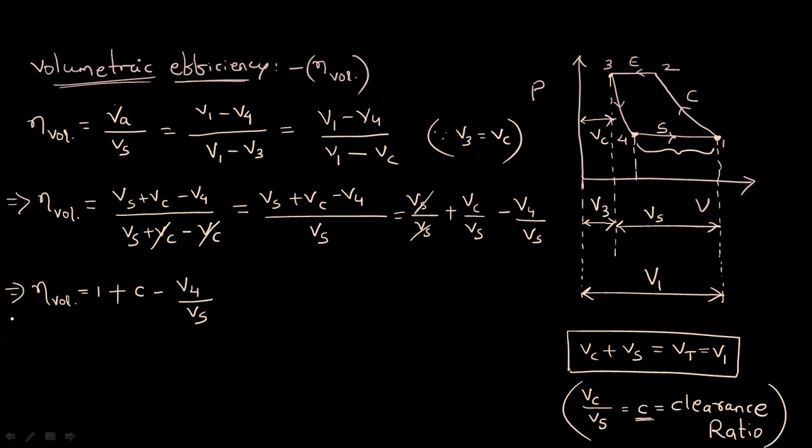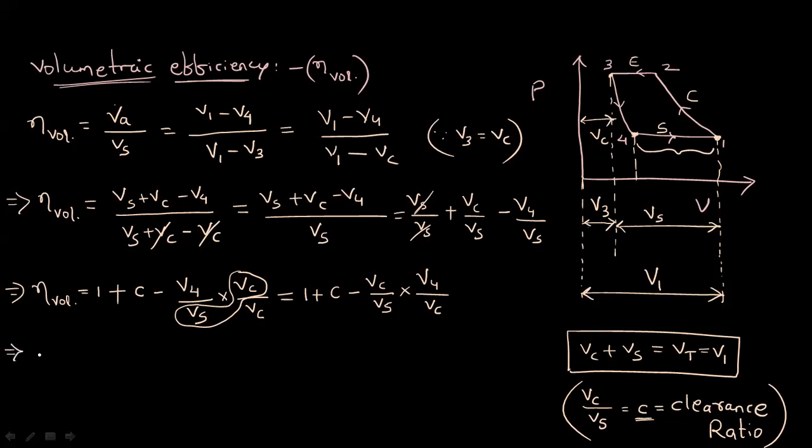Now what I will do here, I will multiply Vc and I will divide Vc. To make it a further simplification, I have multiplied by Vc and divided by Vc. So now what I will get here, it becomes 1 plus c minus Vc by Vs, into V4 by Vc.